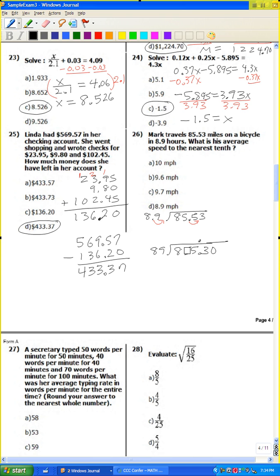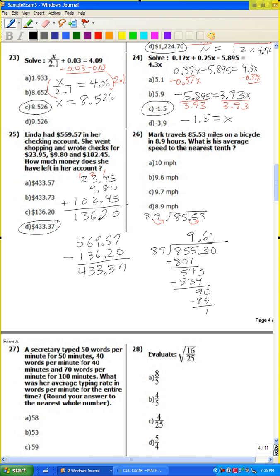8 divided by 89 is smaller. 85 is smaller than 89. 855. 9 times 89, 801. And so I have here 54. Drop down the 3. 543 divided by 89, 6. 534. So 9. Drop down a 0. 1. 89. 1.